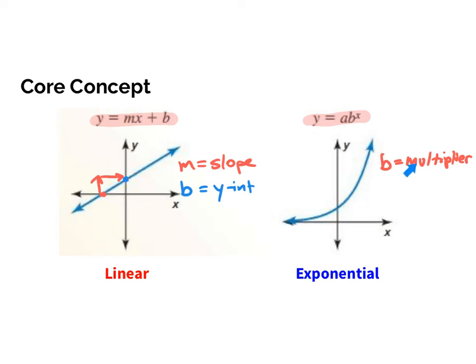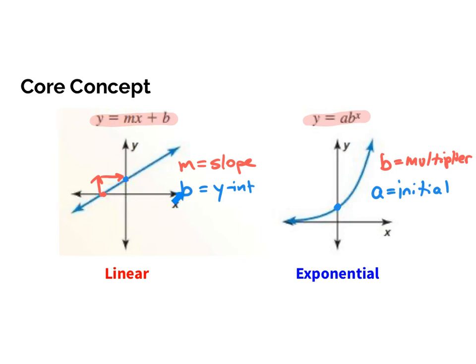So think of b as being very similar to the slope. This is one thing we are going to focus on: we're going to compare the slope of a line to that multiplier in an exponential function. And then we have our a value, which is like our initial value. That represents on the graph the point where my exponential function is going to cross the y-axis. That is very similar to the b value, our y-intercept.